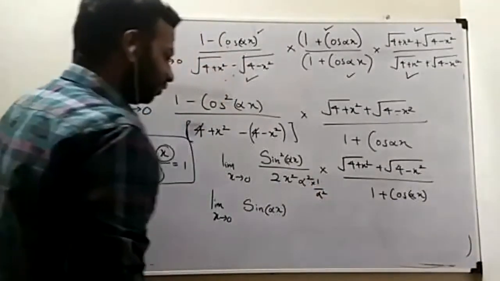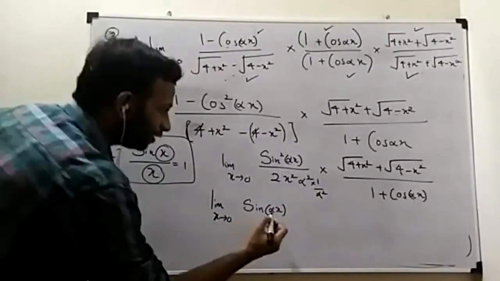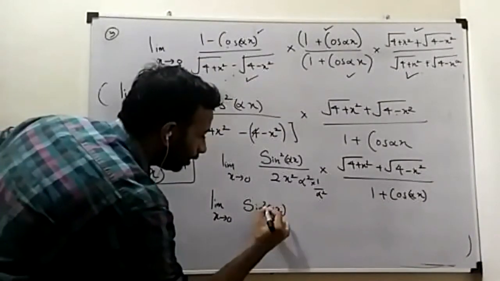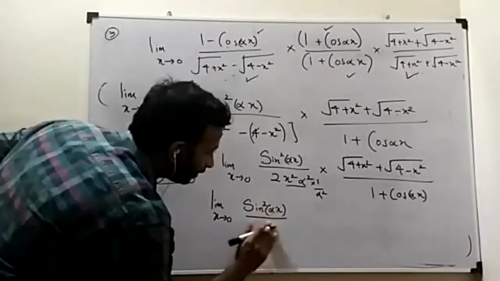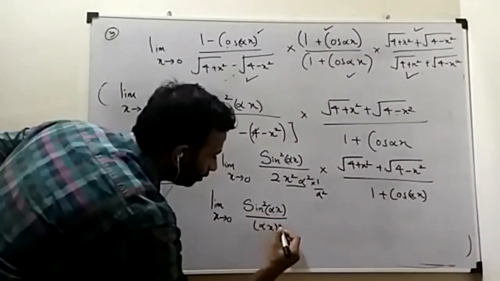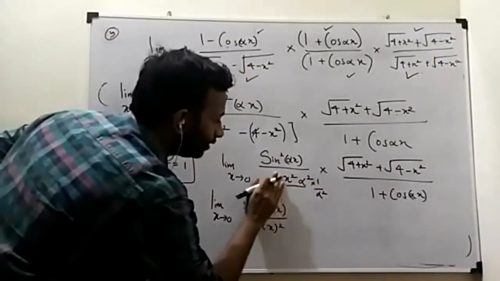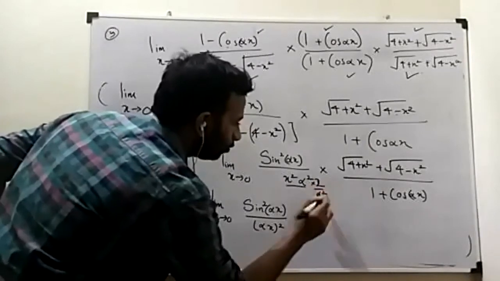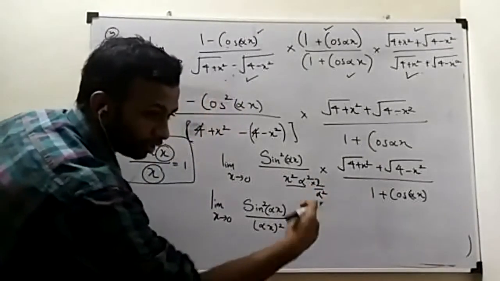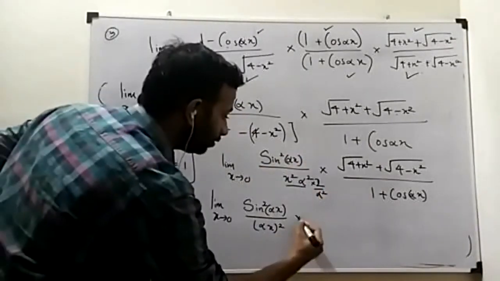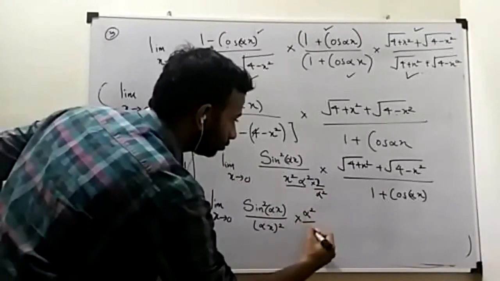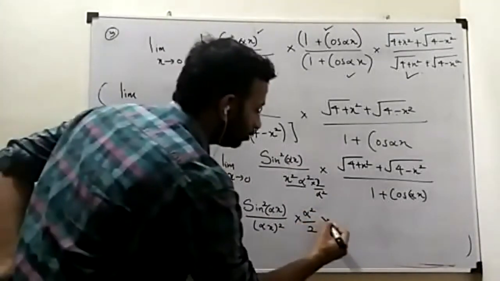If I do this, sin squared alpha x divided by alpha squared x squared, I keep these two terms, and 2 over alpha squared x squared is in the bottom. To get the reciprocal, it will be alpha squared over 2, right, into this term.